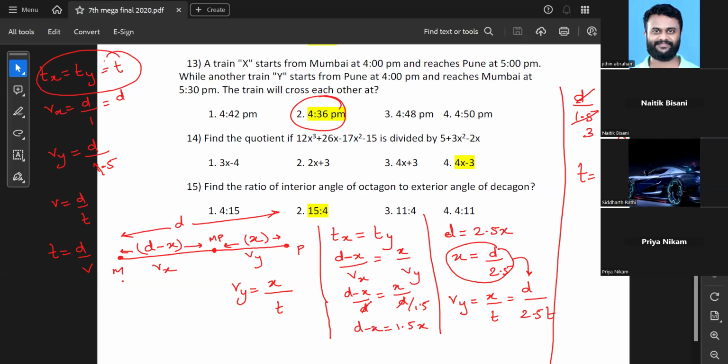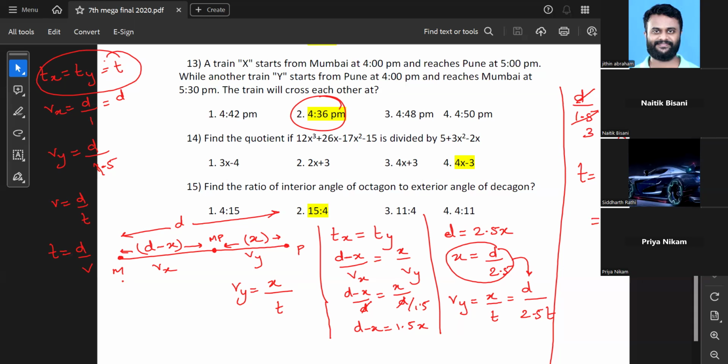So T is the total time. No. T is the time taken to reach, that is, till the meeting point. Oh, till then. Okay. So far it's clear? Yes, sir. Okay. Now, 3 upon 5 of what? 3 upon 5 of an hour.